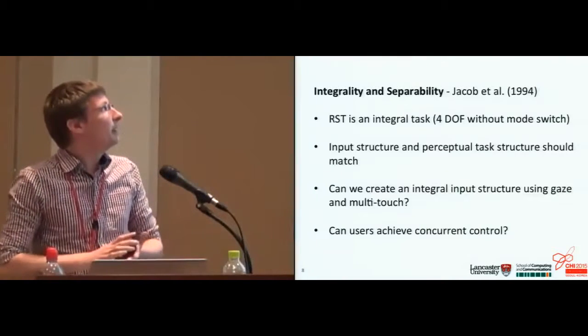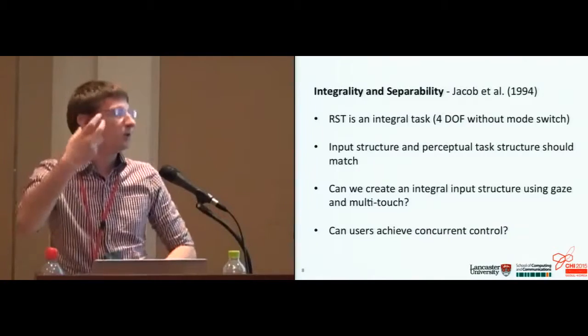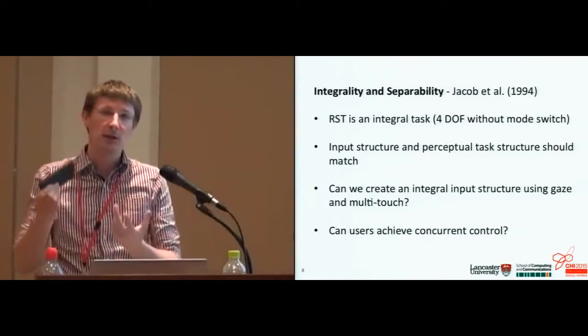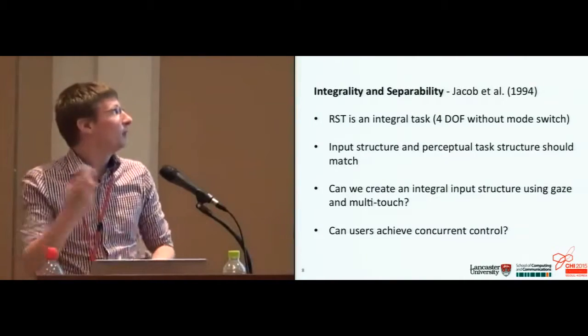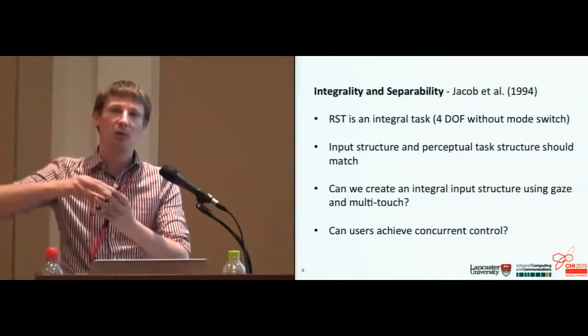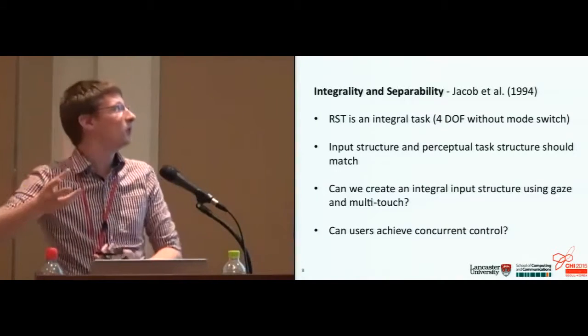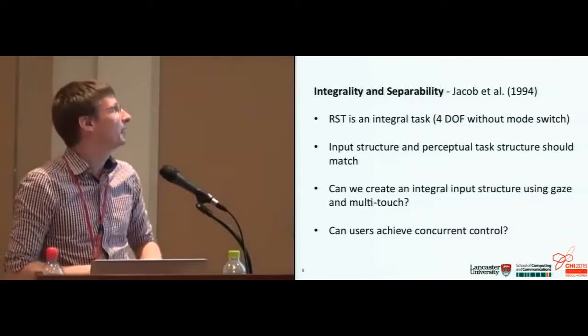And then we thought about how we can better integrate these two modalities. So gaze and touch are two quite different modalities. And if you think about traditional rotate, scale, and translate actions, they are very integral. So I can change between doing a rotation, a scale, and a translate action without doing any mode switching, and I can even combine those at the same time on a touch device.